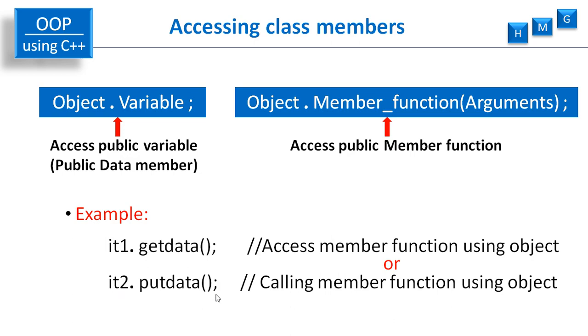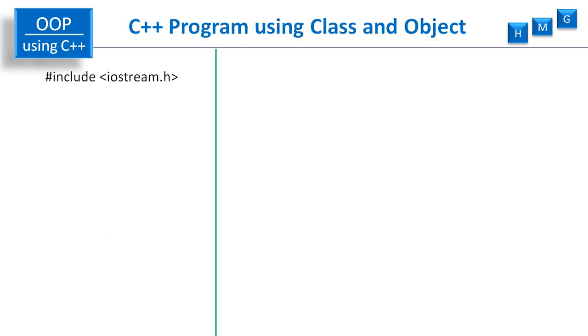So this is the general form and example of how to access the member function of a class using an object. Let us understand with the help of a complete C++ program using class and object. The program begins with the header file iostream.h, that is the input output stream header file.